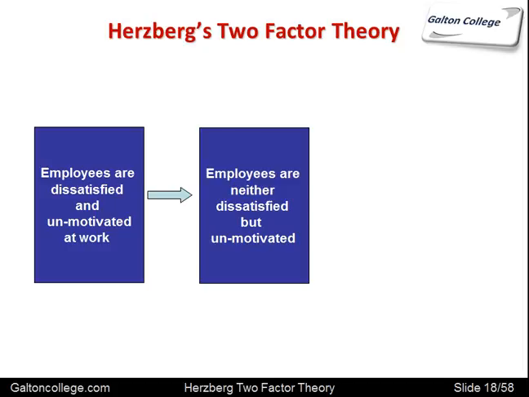It's better than the previous one, but it's not very good. And we get from this very bad state where the employees are dissatisfied and unmotivated to the one where they're neither dissatisfied but they're unmotivated.